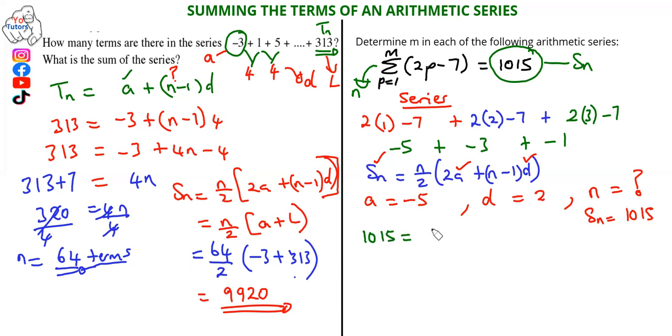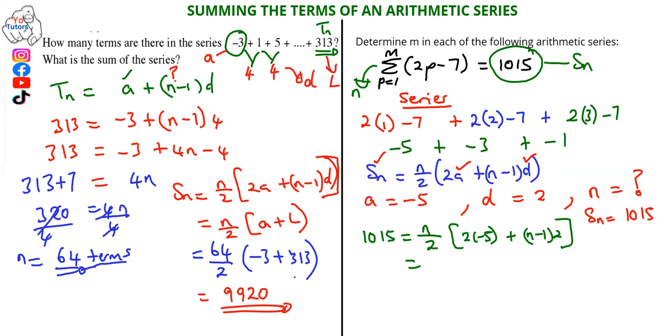1015 is equal to n over 2. 2a is 2 times negative 5, okay? Then here plus n minus 1, our d is equal to 2. So we can now see that we are looking for n in this case. So we just need to simplify what we have inside here. Let's see what we get if we simplify what's inside there.